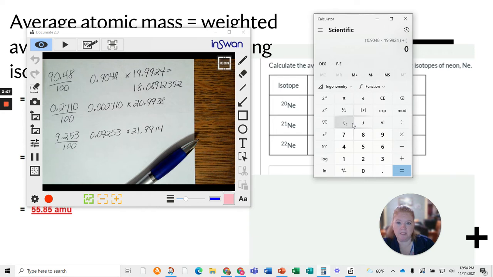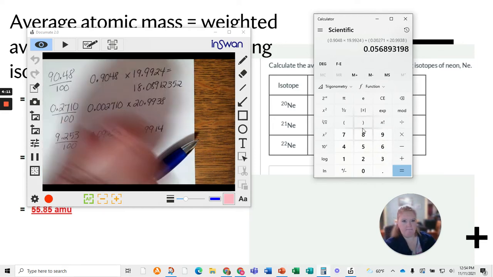Here, another parentheses, 0.002710 times 20.9938 and parentheses.